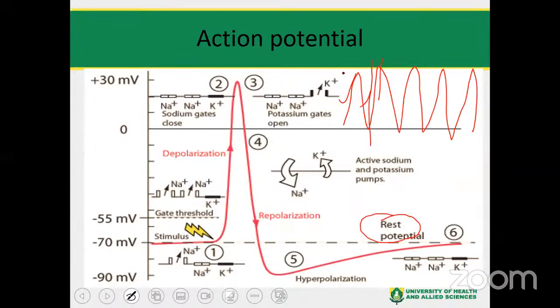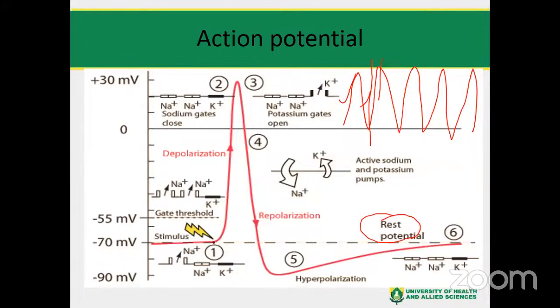All right, I will go over it like somebody requested. We are using the hot object as a reference point. You incidentally touch a hot object. The membrane was at the resting membrane potential, that is minus 70 millivolts.